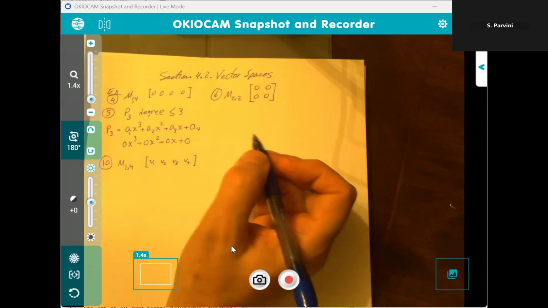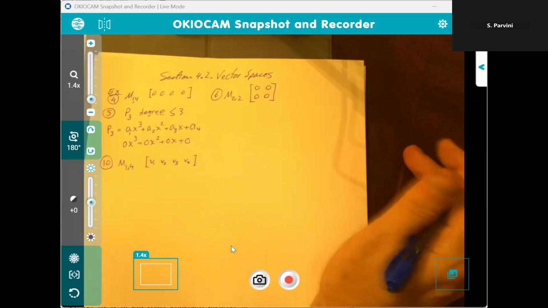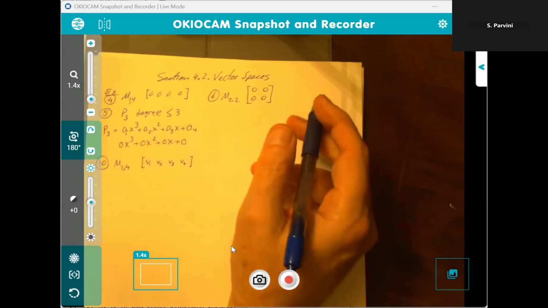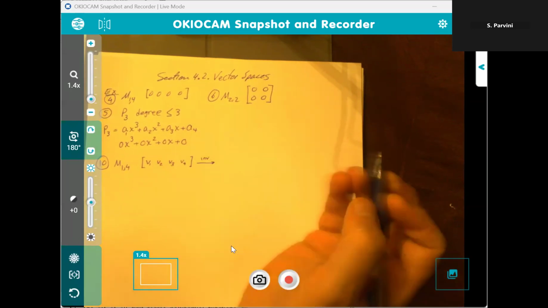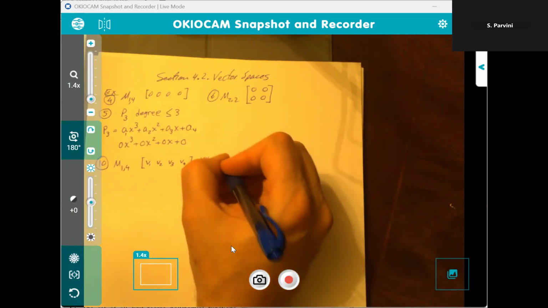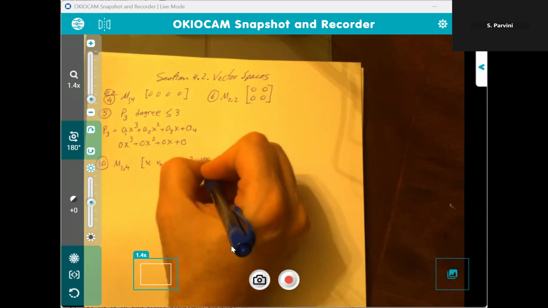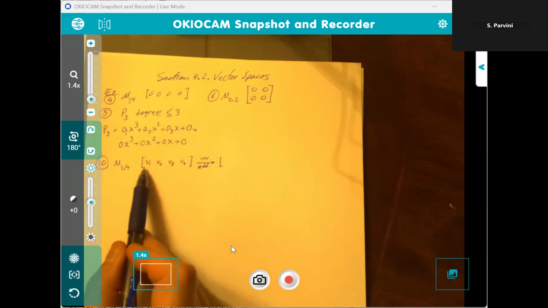What is the additive inverse of this going to look like? The additive inverse is what you add to it to get the 0 vector, right? So the additive inverse is, what would it be for V1?